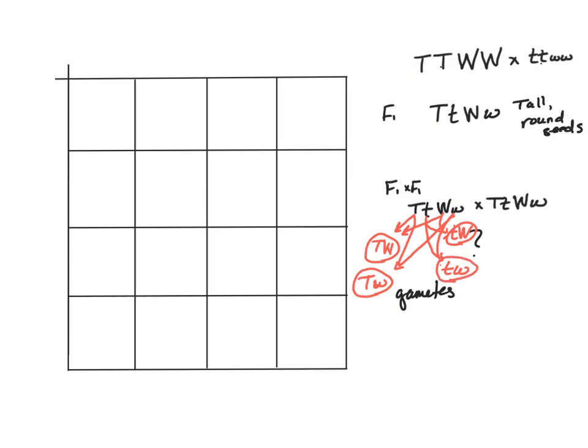So now we have 4 possibilities of our gametes, and those possibilities are all completely independent of one another. It's just a matter of how these different alleles assort with one another, and there are 4 possible combinations that we can come up with.